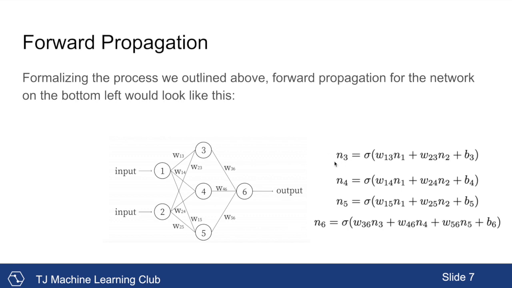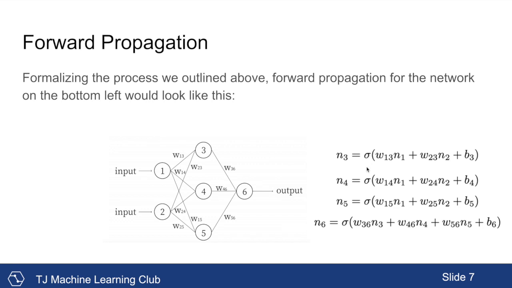N3 is just the output of this neuron, and similarly, N4 is the output of this neuron, and N5 is the output of this neuron. And this is the activation function that I was talking about earlier, which is probably going to be some nonlinear activation function.